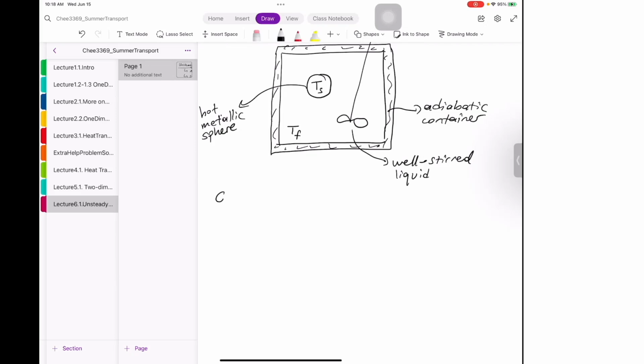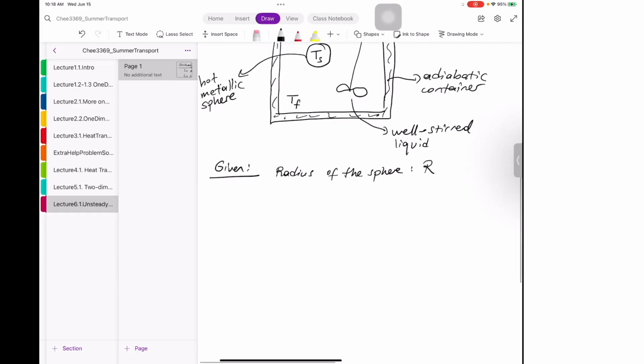Now, here are the given parameters. Radius of the sphere is given as r. Density of the sphere is given as rho s.